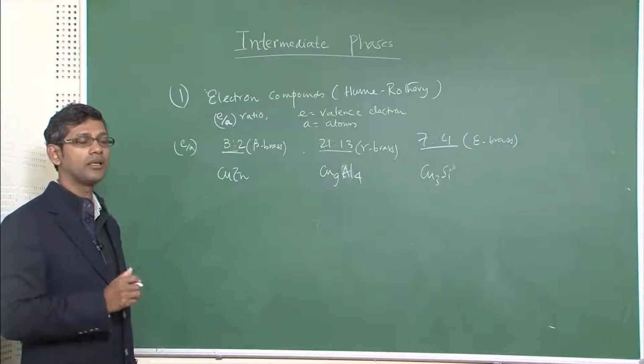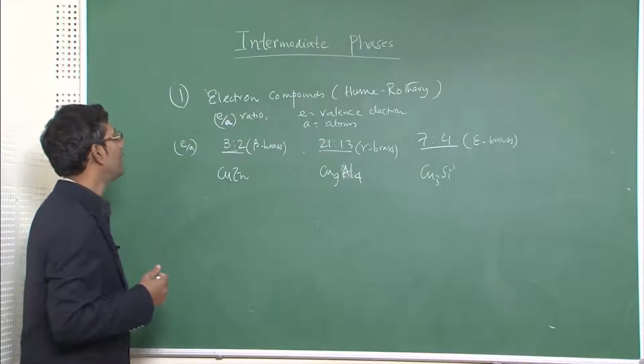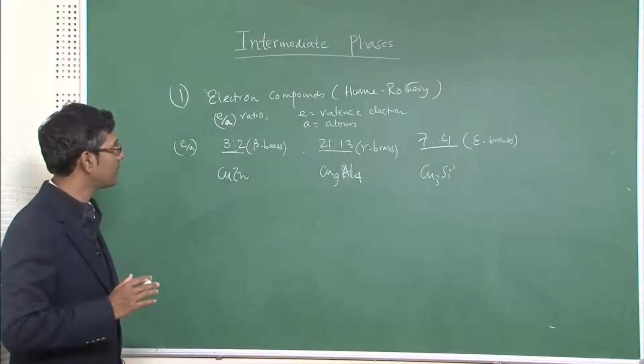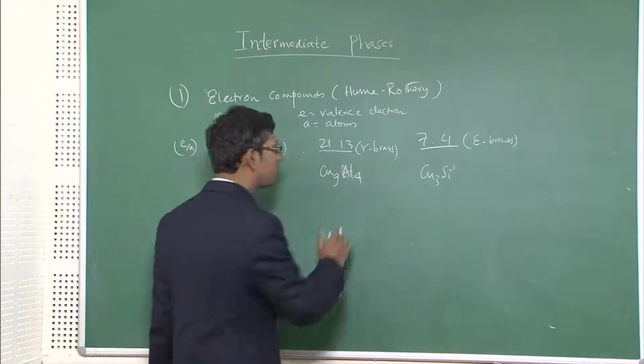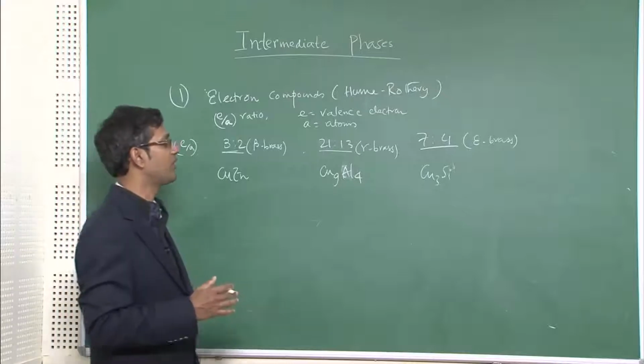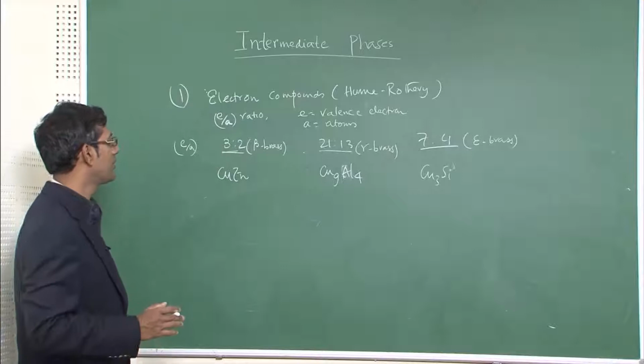If you look at the detail, you will see their compositions exist. So, beta brass has a BCC crystal structure. Gamma brass is also a BCC unit cell, but with 52 atoms in the unit cell. It is a large BCC unit cell, and epsilon brass is a hexagonal system, correct.